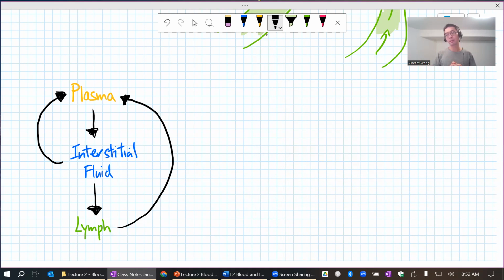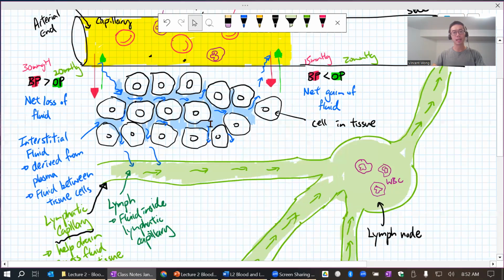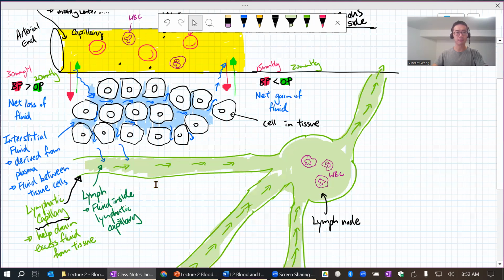Very similar concept here. They're mostly water. The ion composition might change a little bit here and there, but it's very similar. Does anybody have any question before I tell you one last thing about this epic picture?